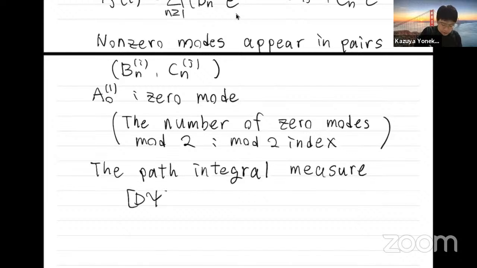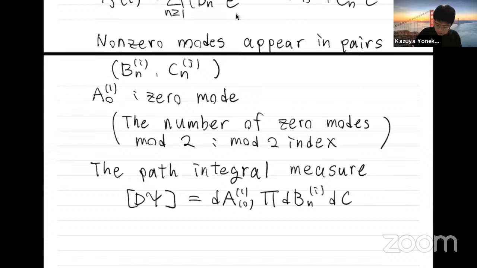We want to consider the path integral over this Fermi field, and it is given by the product of these coefficients. So like this. In the path integral, we integrate over these variables. Does this answer your question?